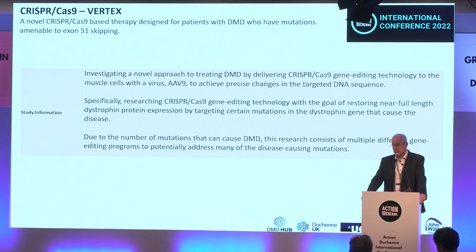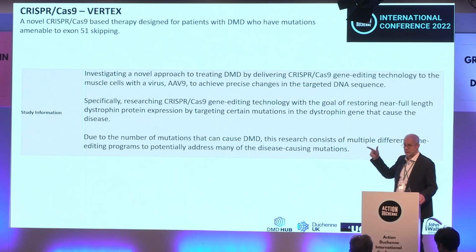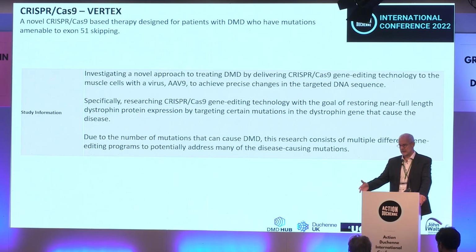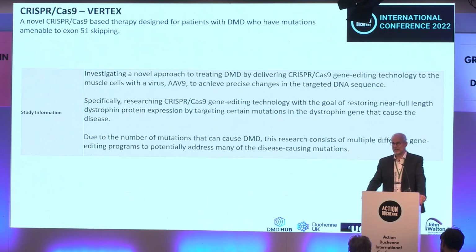They will most likely target patients that are amenable to exon 51 skipping. As we said, it's a combination of gene therapy, delivering the toolbox by a viral vector, targeting the gene, but then doing a bit like exon skipping. Now the advantage, you could say, well, why is this supposed to be better than gene transfer therapy?